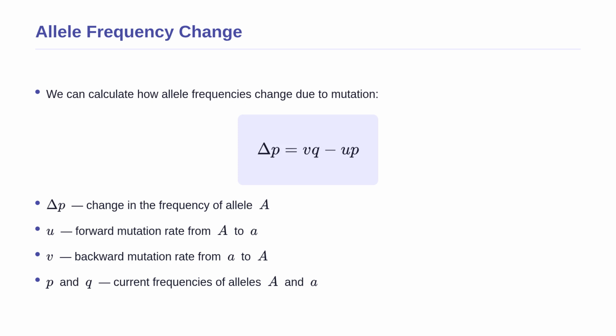The variable V is the backward mutation rate, where lowercase a mutates back into capital A. The variables P and Q represent their current frequencies. Physically, if the forward mutation rate U increases, the frequency of allele capital A will decrease more rapidly as it is lost to mutation.